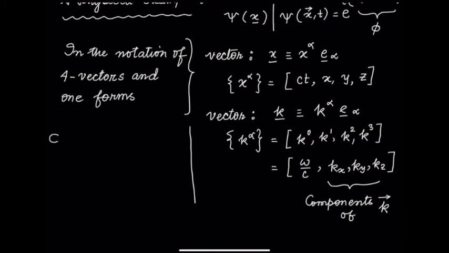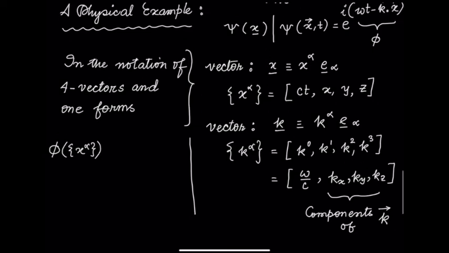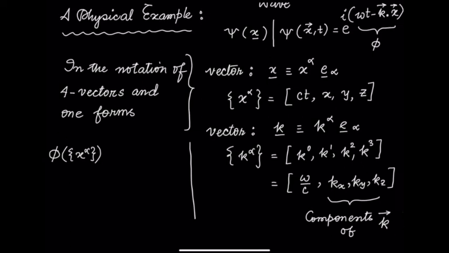then phi, which you remember is a function of all of these x's. So phi is different. Phi for the wave is different at different events, space-time positions. I have all x alpha here.